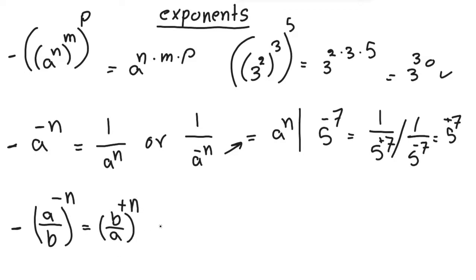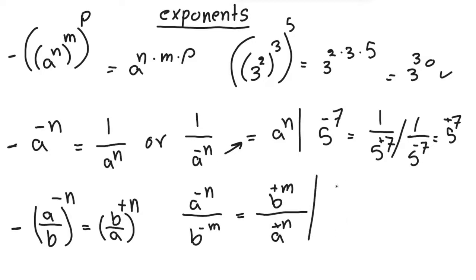Or if you have them separately, like a to the power of minus n divided by b to the power of minus m, just change the places and both of them become positive: b to the power of m over a to the power of n.